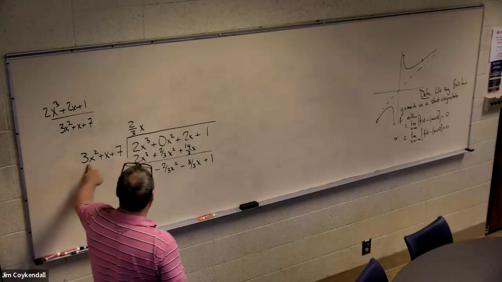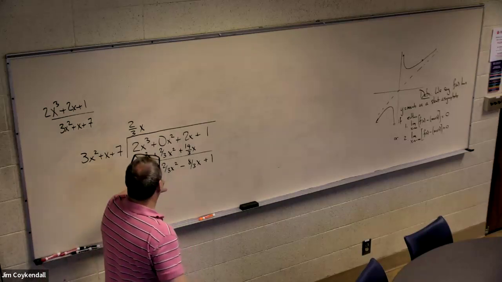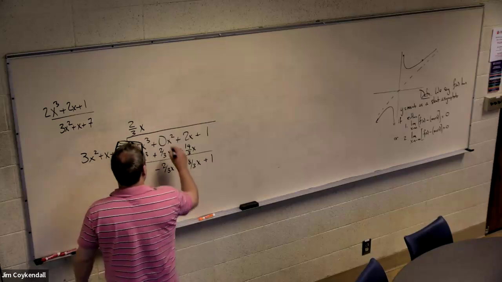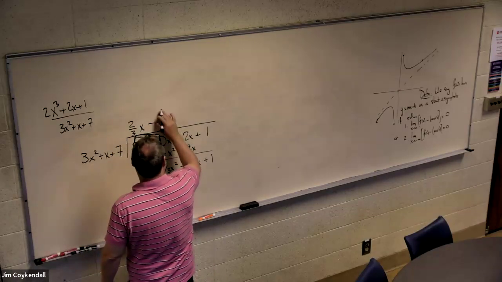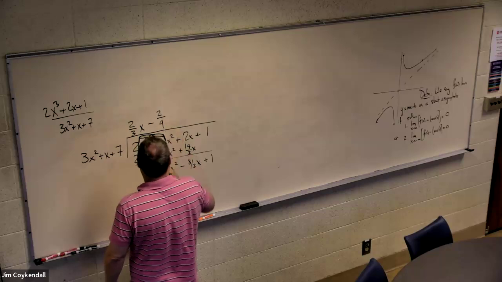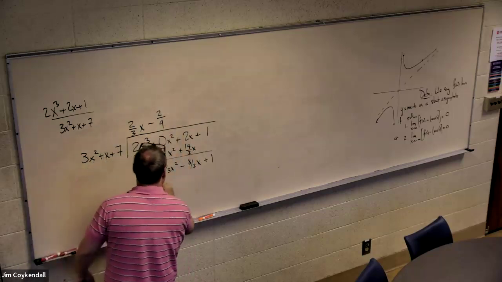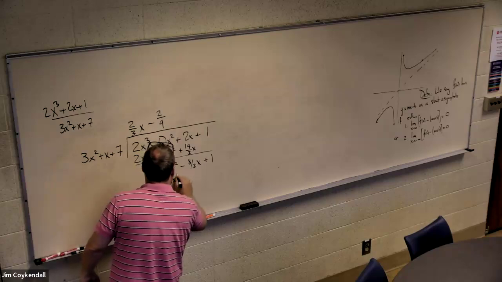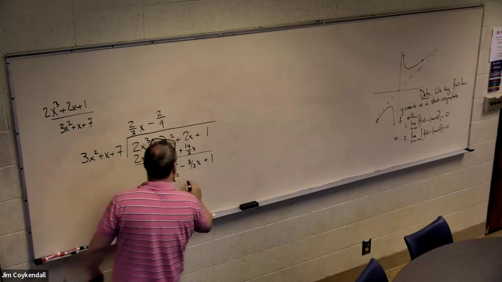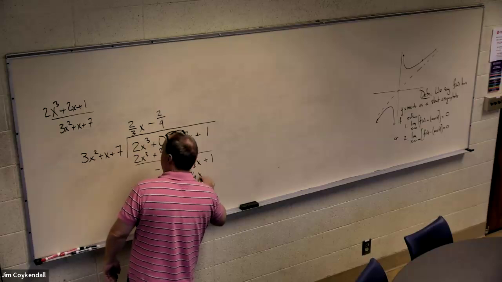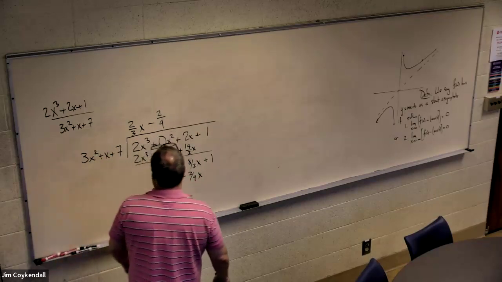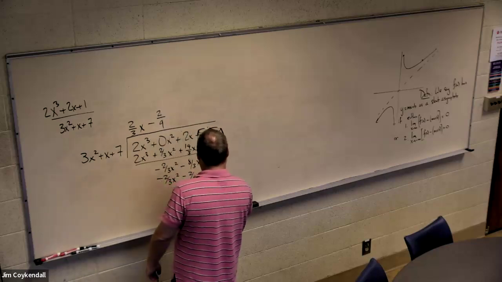Now, how many times does 3x squared go into minus 2/3 x squared? I guess I'm going to need a minus 2/9. And let's see, does that multiply right? That's going to be minus 2/3 x squared, minus 2/9 x, and minus 14.